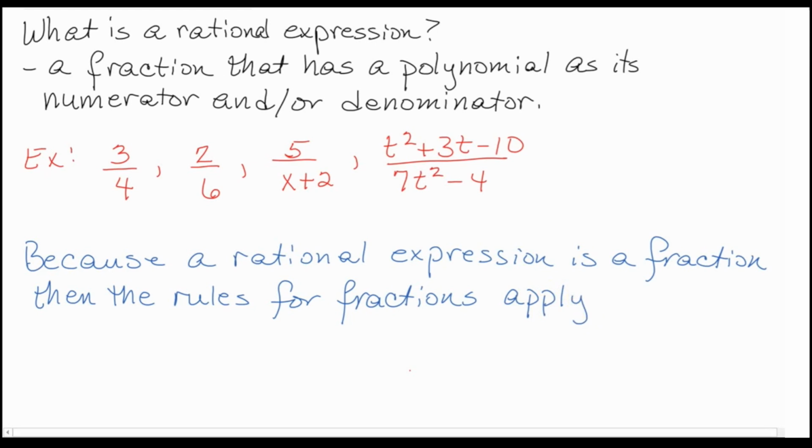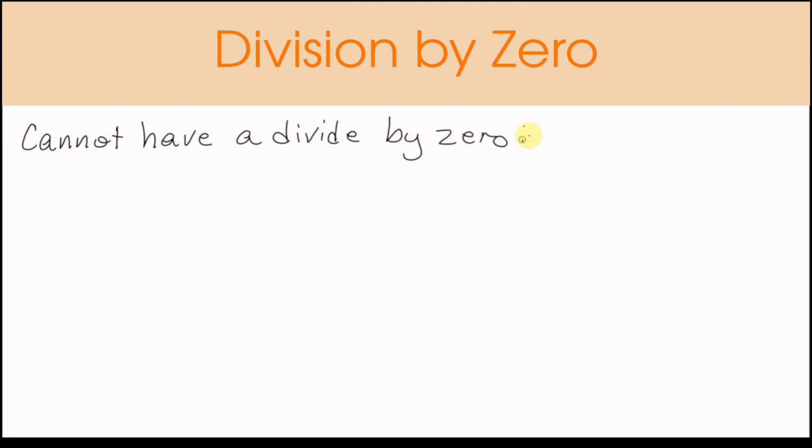Remember, that's a no-no when it comes to doing fractions. So let's discuss that. Why can't we have a divide by 0? A divide by 0 means we cannot have 0 in the denominator.